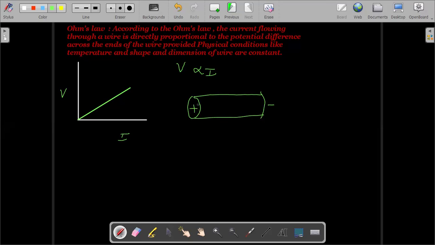We see whether the current will flow. The current will start flowing from the positive terminal towards the negative terminal, in this direction. When the current flows in this direction, the amount of current that flows through this wire will be directly proportional to the amount of potential difference that is applied.